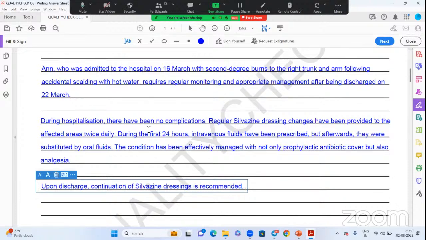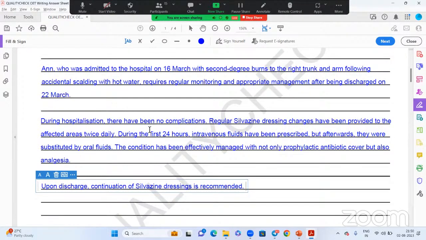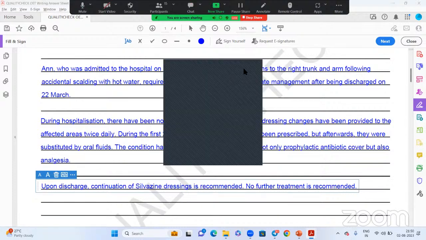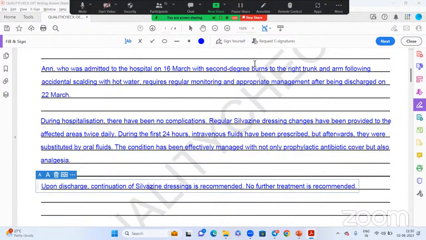Then next one. No further treatment is recommended, or is required, or is suggested, or is advised. Okay.